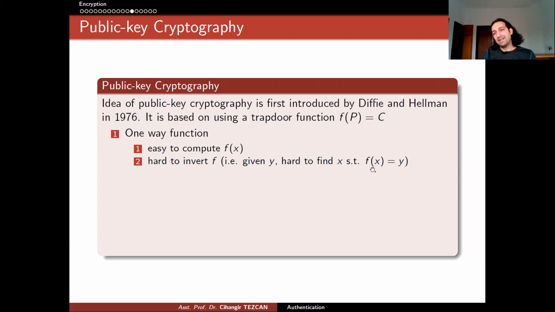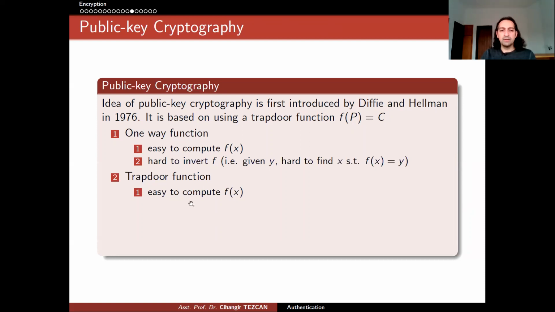But of course, here we're not using a cryptographic hash function, because this shouldn't be a lossy compression in this scenario, because we want to return back, because in this case we want to perform encryption. So from the cipher text we want to go back to plain text. So instead of a one-way function, they suggested the use of a trapdoor function.